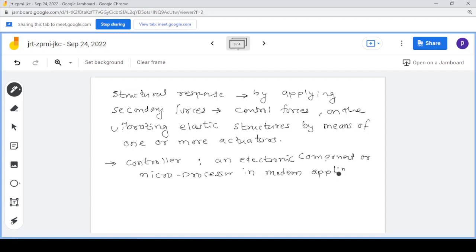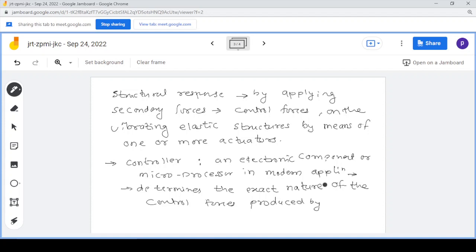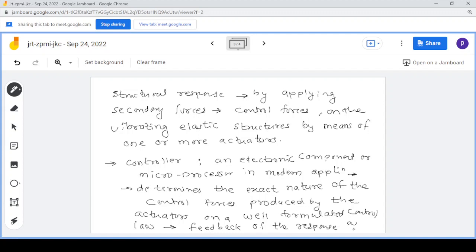And what it does is determine the exact nature of the control forces produced by the actuators on well formulated control laws, which utilize the feedback of the response of the structure.